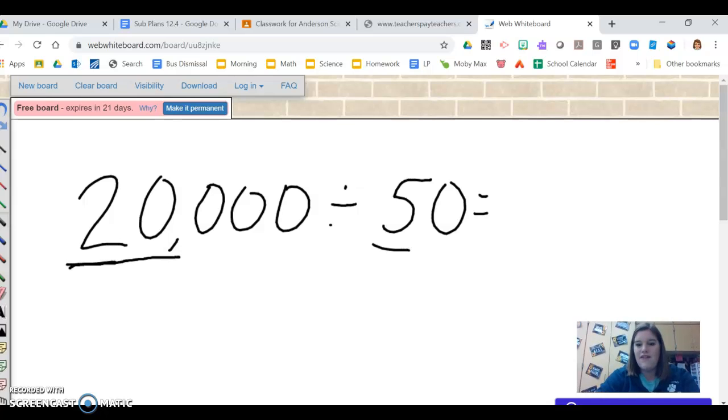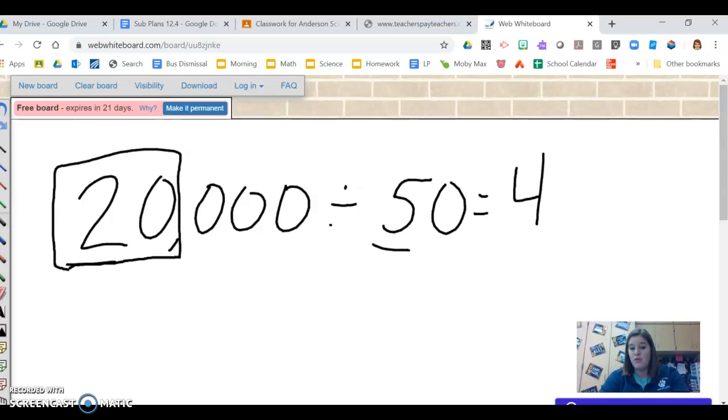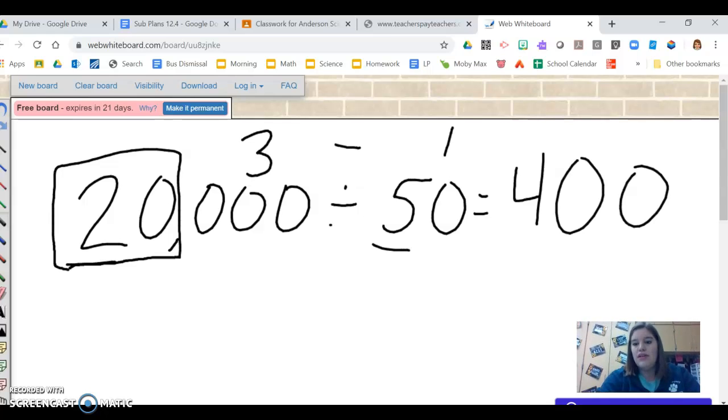What if my basic fact was 20 divided by 5? That I can do. 20 divided by 5 is 4. Now, when I'm counting my zeros, I've already used that first zero in my 20, so I will not count that. I have 3 zeros after the basic fact, minus 1 zero here, which would mean 2 zeros in my quotient.